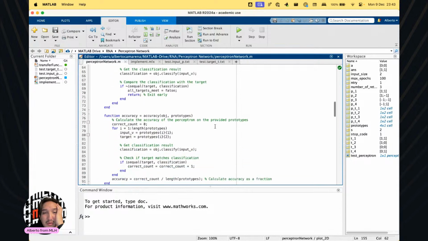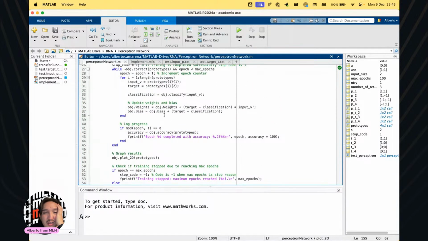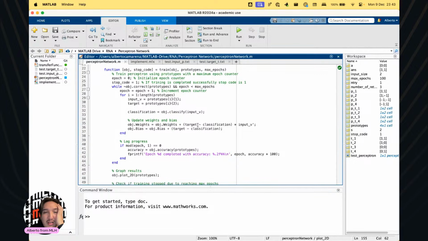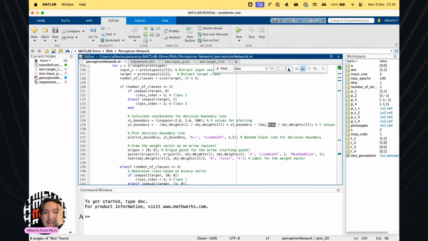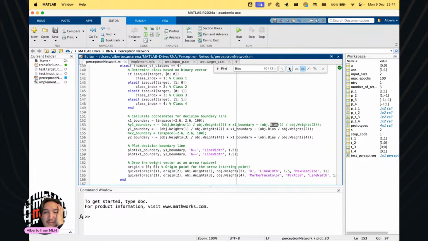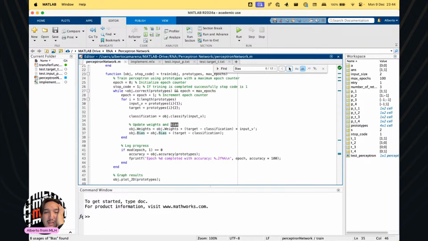Let me look for bias in other parts. Wait, it's updated. Bias, it's updated. F, bias, bias. Bias, object net input bias.